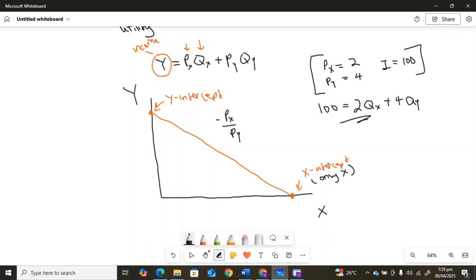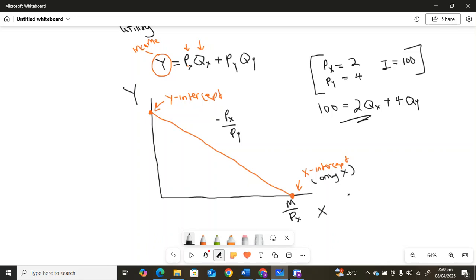So if we want to find how much of good x can we buy if we don't buy any of good y? Okay. One way to find the intercept, remember this formula, is your income over the price of the good.